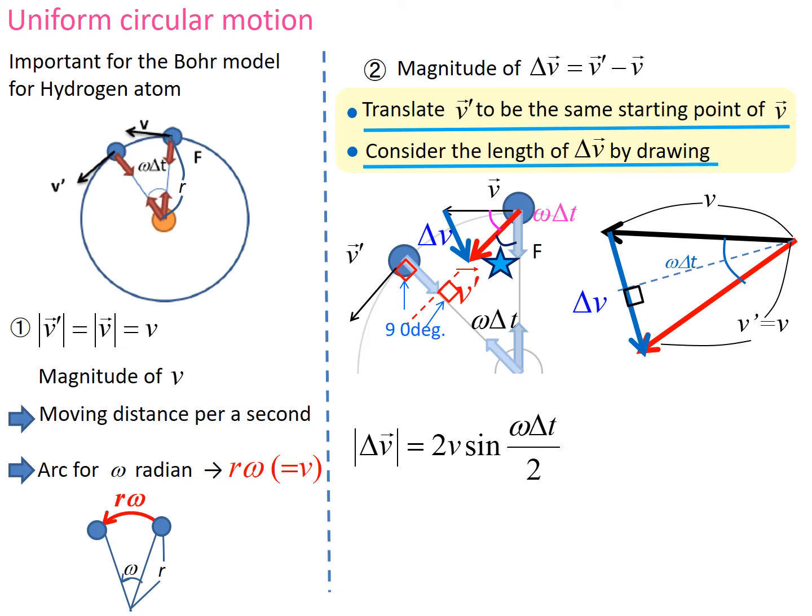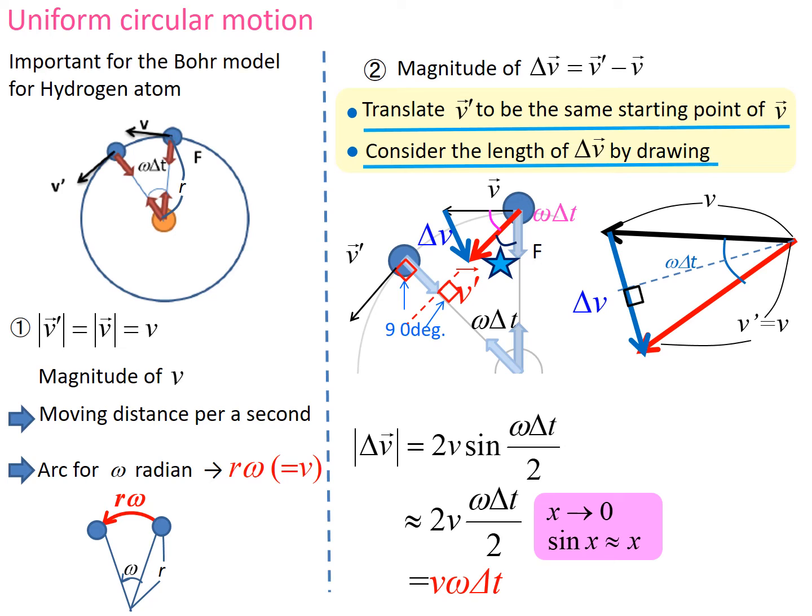When delta t is close to 0, that is, when we consider momentary motion, the term inside the sine function approaches 0. In this case, using the approximate formula that sine x goes to x, the result becomes 2v omega delta t over 2, which is finally expressed as v omega delta t.